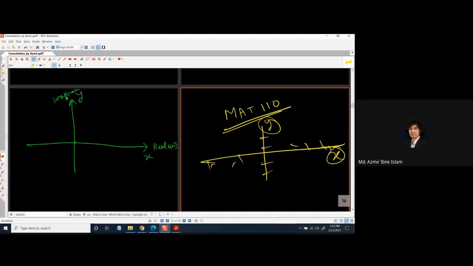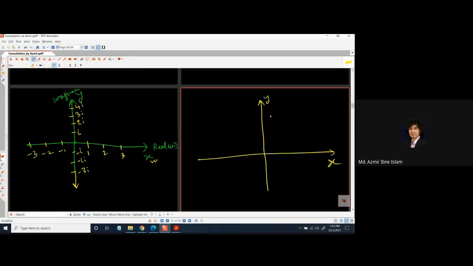But here, the y-axis is the imaginary axis. So let's say we have 1, 2, 3, -1, -2, -3 on the real axis, that is now known as the x-axis. On the y-axis, we have i, 2i, 3i, 4i. In the downward portion, we have -i, -2i, -3i, and this goes on. So this is the only difference that we have here.